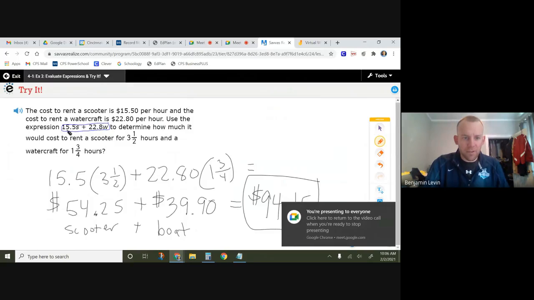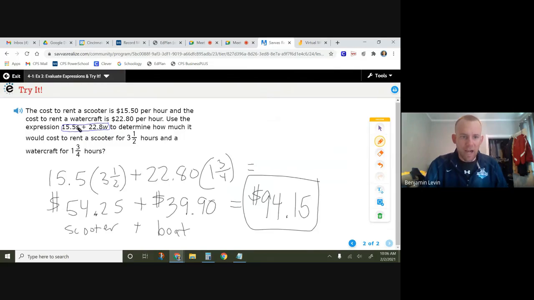The price of the boat is 22.80 or 22.8 per hour, so we have to times that by the amount of hours we had the boat. Right? That's it. That's what we got. 94.15. All right, let's go on. Let's do one more.